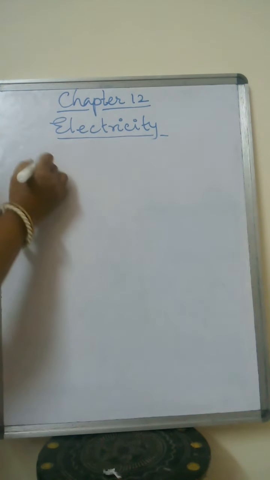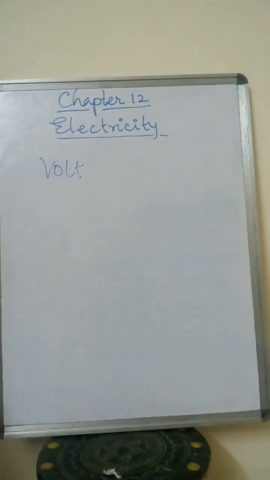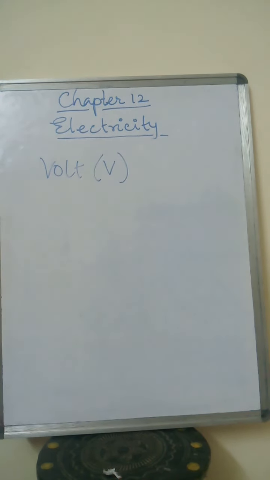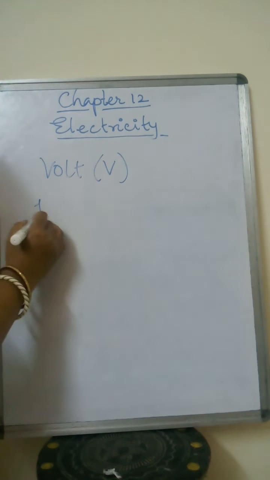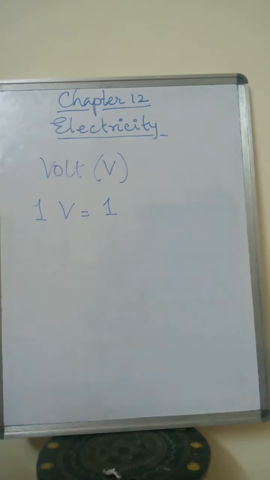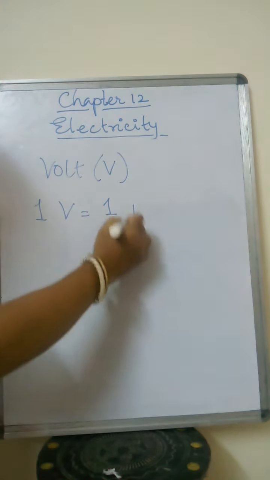The SI unit is volt, and the symbol for volt is V. 1 volt is equal to 1 joule per 1 coulomb.